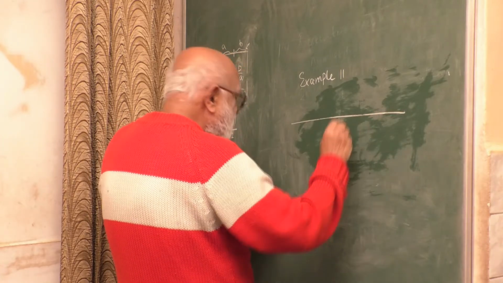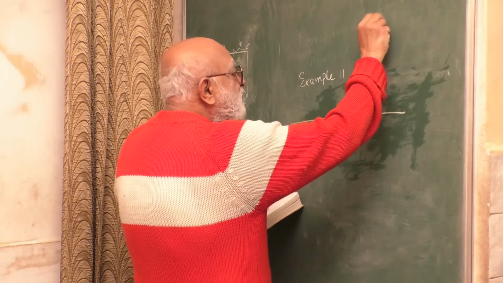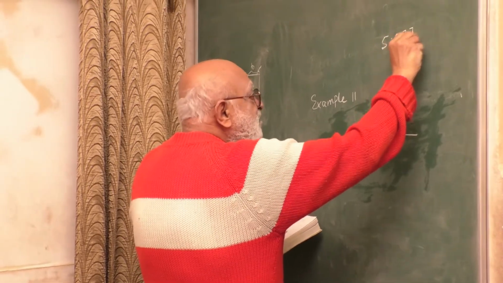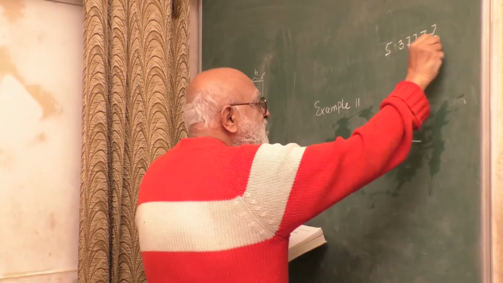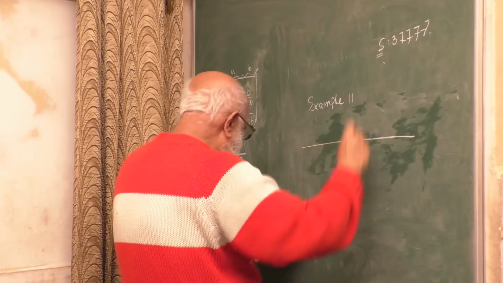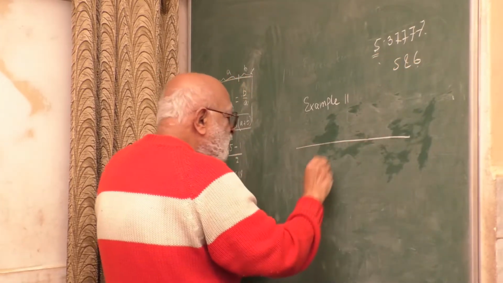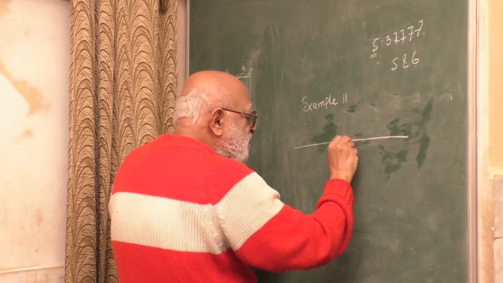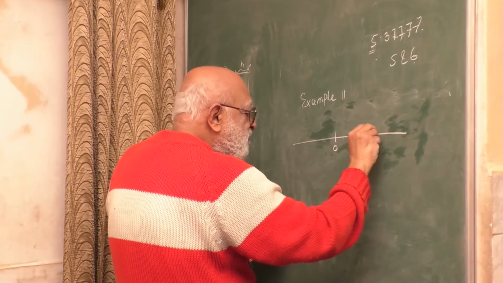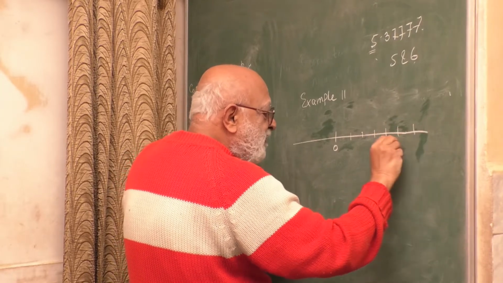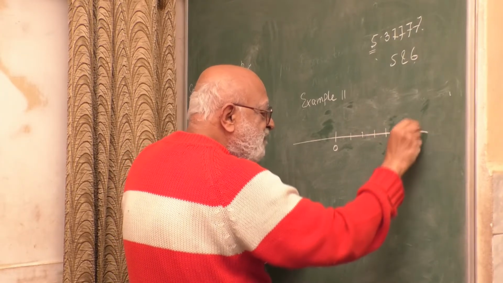Again it says, on the top we write 5.3777 so that we don't get confused. So this is between 5 and 6. So between 5 and 6, there is nothing to worry about. So this is 0, this is 1, 2, 3, 4, 5, 6. So I will pick up only the portion between 5 and 6.